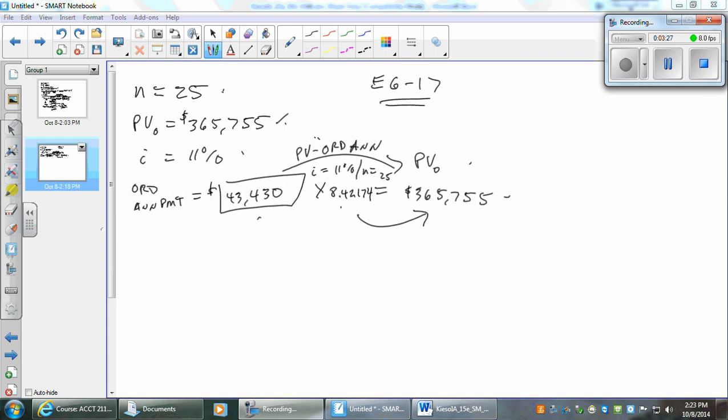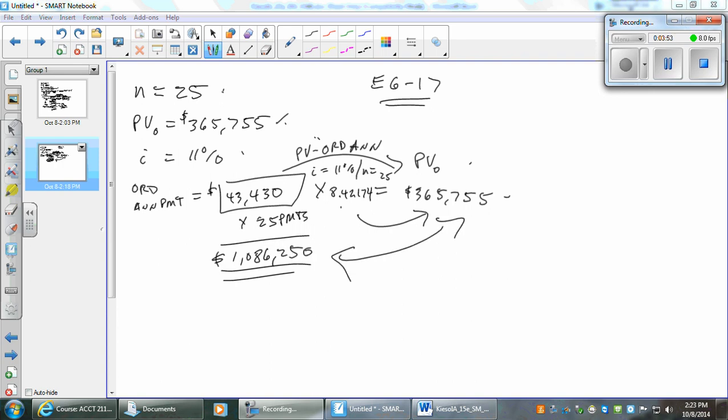If you think about it, it's 43,430 times 25 payments, right? Always maintain contact with reality when you're doing annuities. How much is that? A lot of interest, huh?